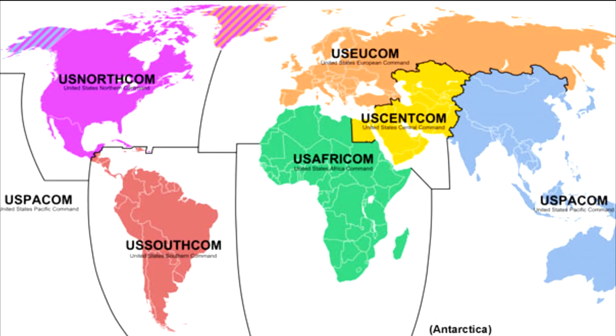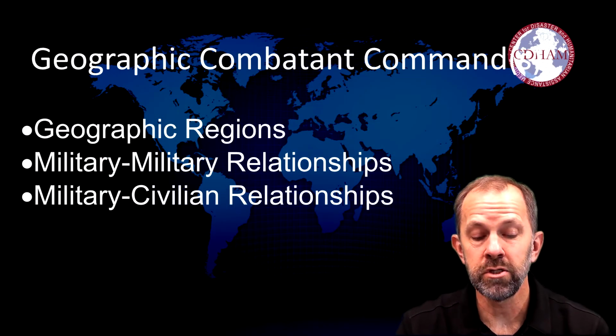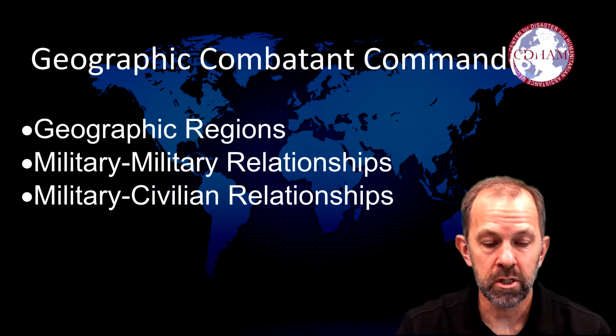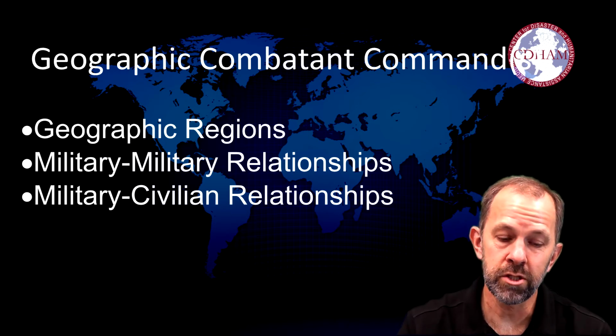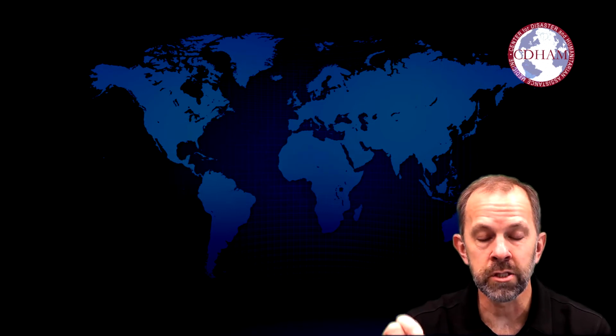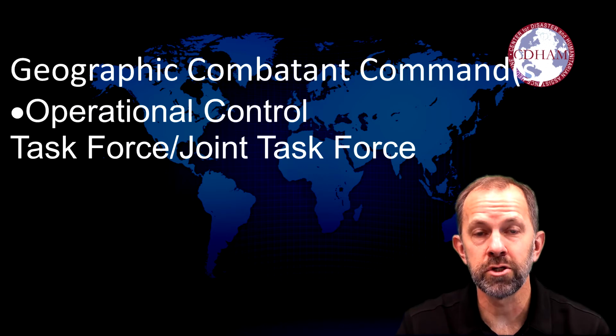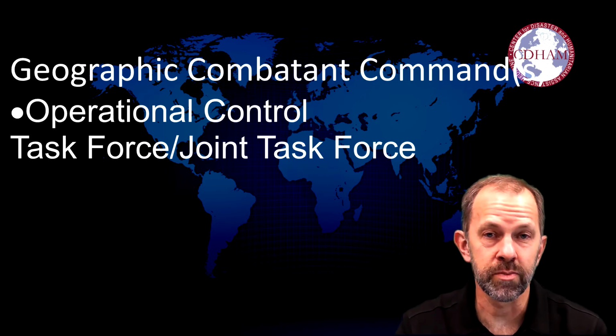So back to the previous slide, the COCOM is responsible for the military-to-military relationships as well as the military-to-civilian relationships. They also have operational control of operations within their area of responsibility.